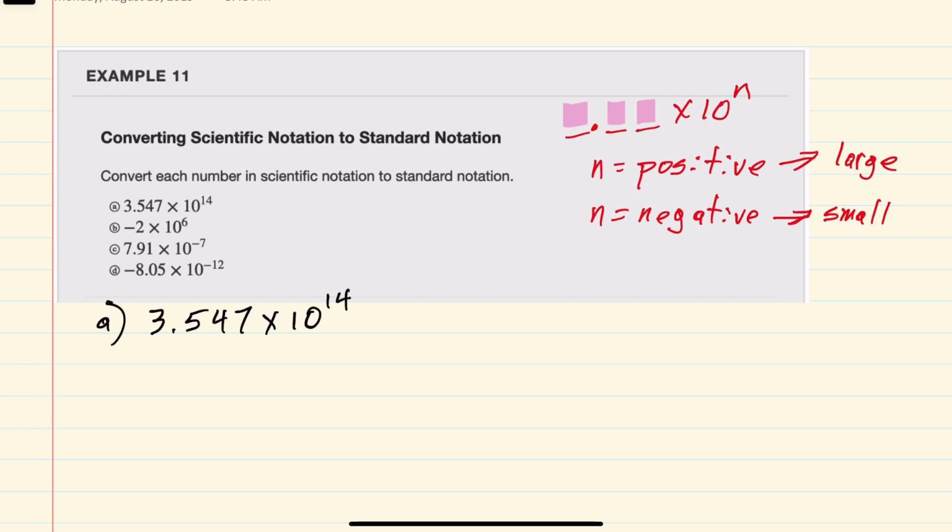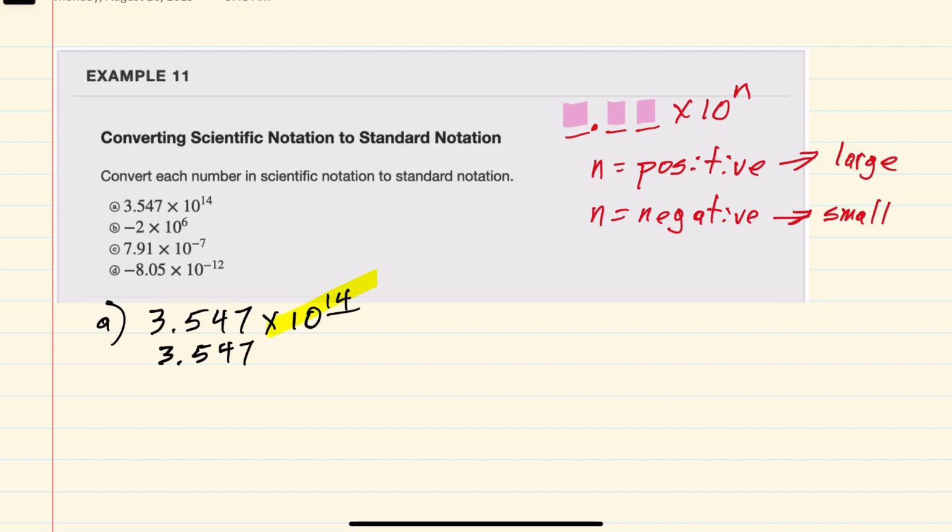It's given to us in scientific notation. To convert to standard, I know I'm going to drop the times 10 to the n portion, and to do so, I need to take the number 3.547, and the positive n value here of 14 means that this is a large number. So how can I take this 3.547 and represent it as this large number?